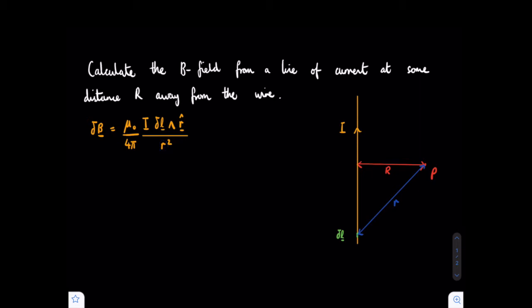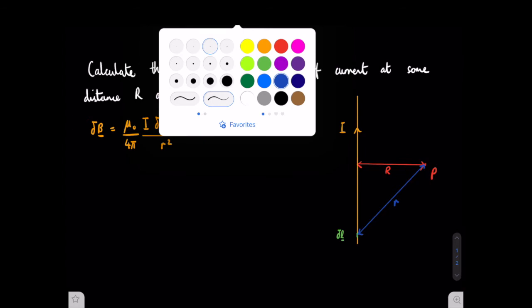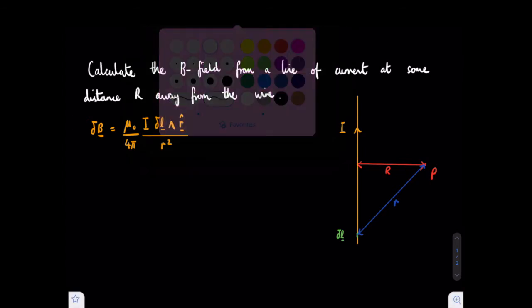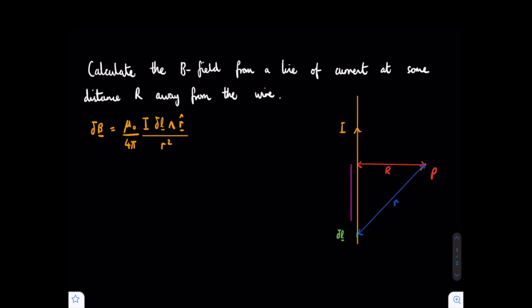And then we can define this length here as perhaps the length of the wire. And then we can integrate for this side of the wire and then also this side of the wire.